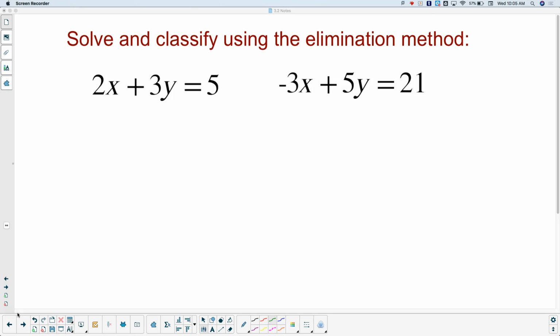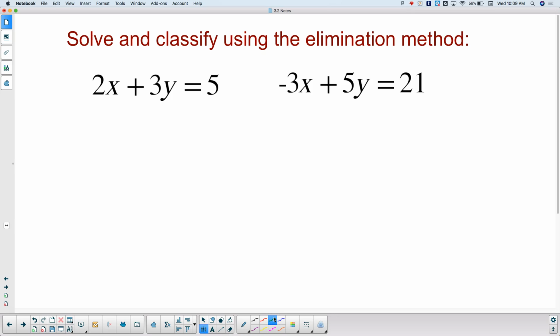So, solve and classify using the elimination method. Go for it. First step in elimination. Line them up. Okay. So 2x plus 3y equals 5.